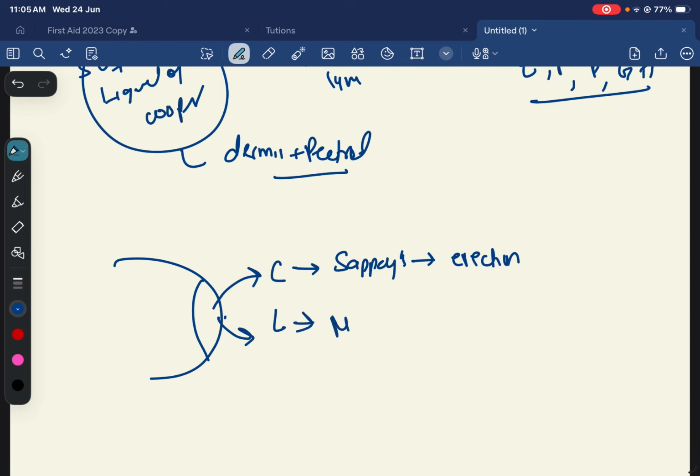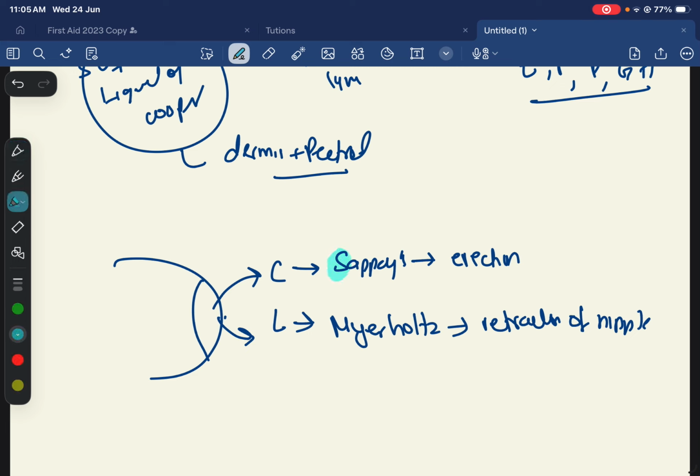The longitudinal muscles are Meyerholz muscles, which play an important role in retraction of the nipple. So Sappey for erection and Meyerholz for retraction, and you can learn it with the mnemonic CSE and LMR: circular, Sappey, erection; longitudinal, Meyerholz, retraction.